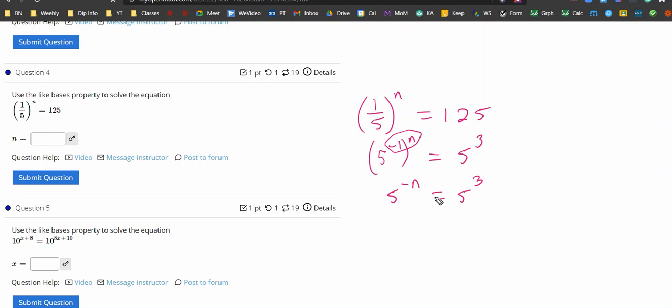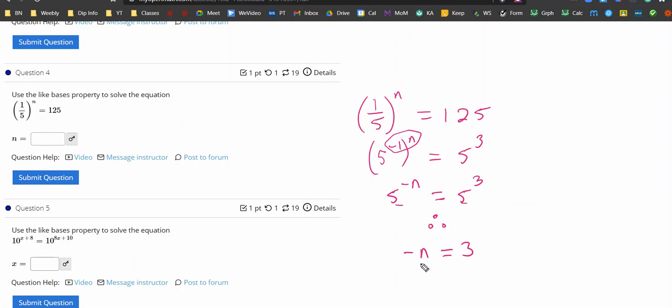So you can probably see what the answer is already, but for good measure, let's go one step further. Therefore, I can say negative n is equal to 3, right? I had the bases equal to each other.